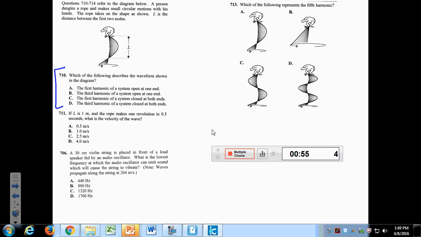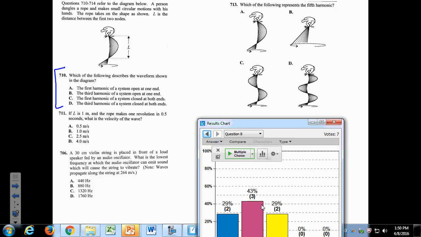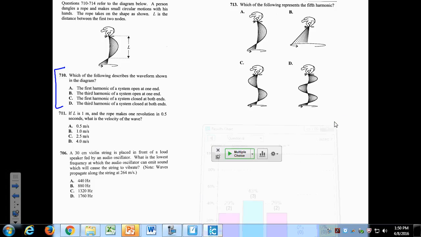All right, just a few more seconds. Let's go to 105 maybe. Okay, good. B is right. This is like your tube that's closed on one end and open on the other.